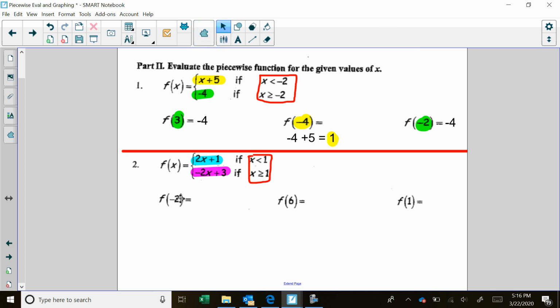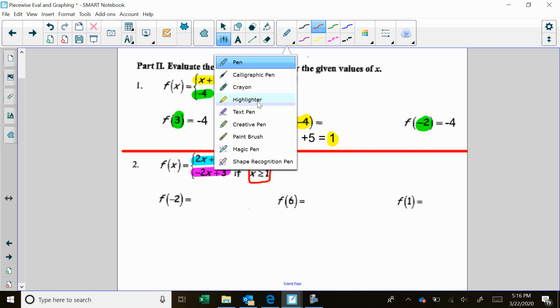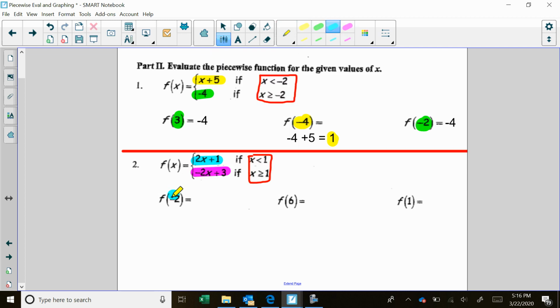Okay, -2. Is -2 less than 1? Yes, it is. So -2 will go into the blue function. 6. Is 6 less than 1? No, it's not. Is 6 greater or equal to 1? Yes, it is. So 6 goes into the purple function.